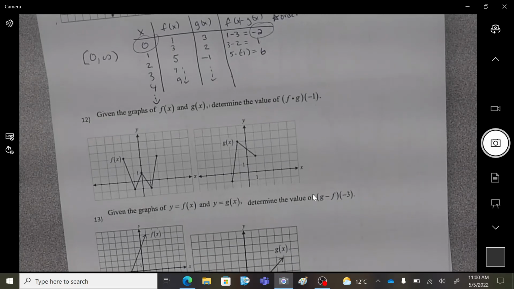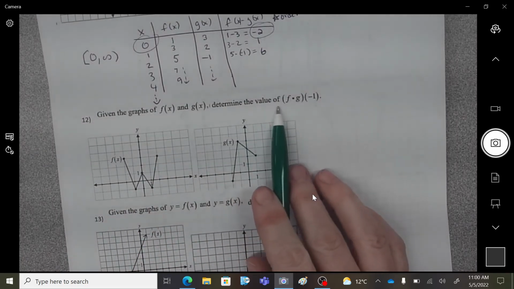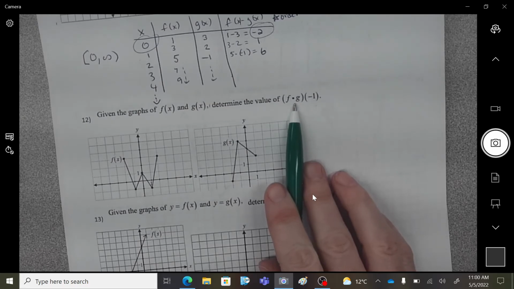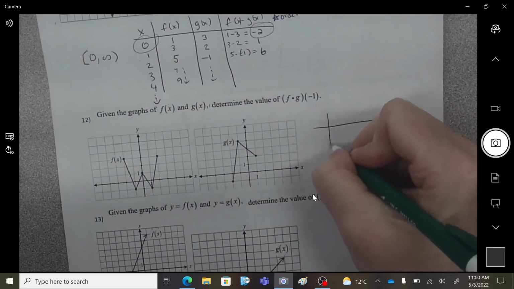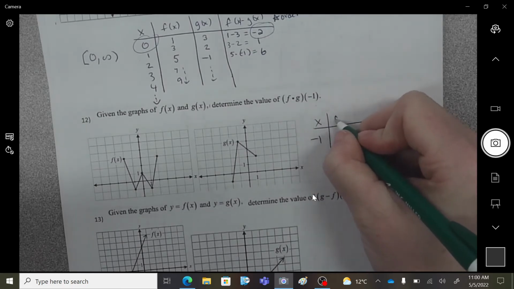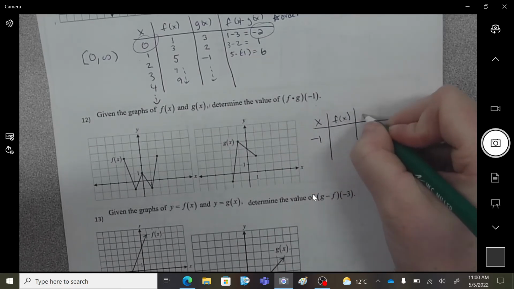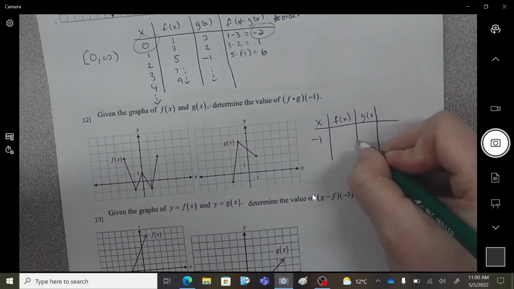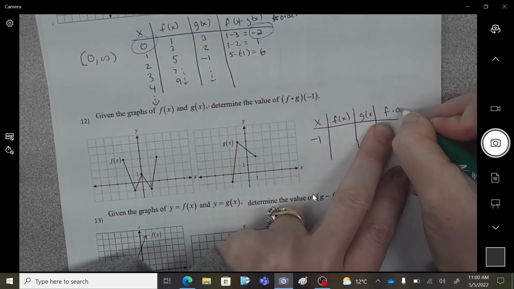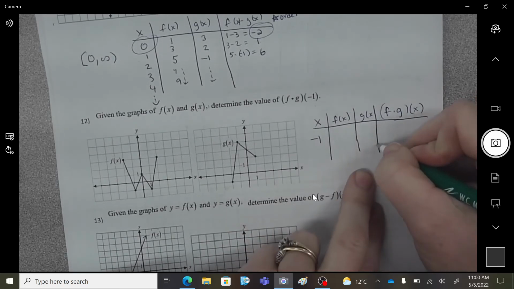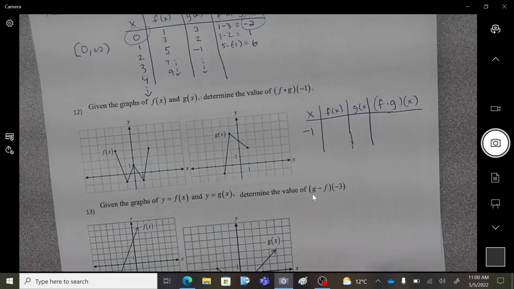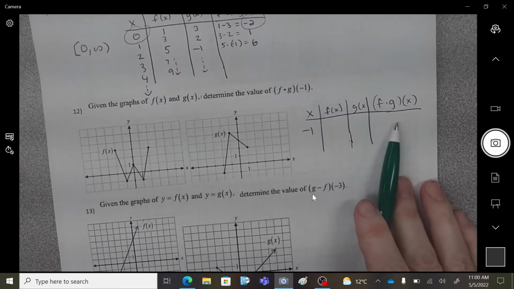Number 12, given these, determine the value of the f times the g at -1. So we only have to do one thing on our table here.